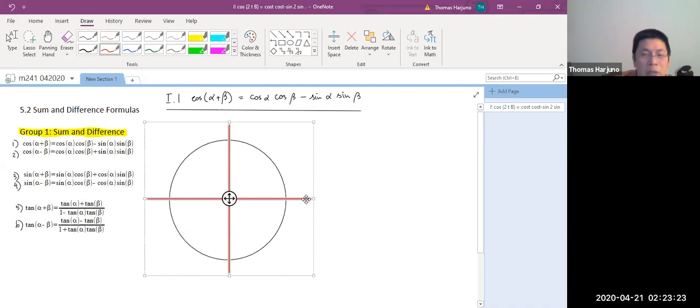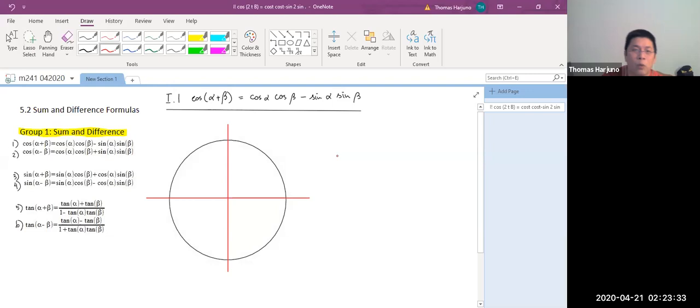Okay, now it's better. Now this is a unit circle. So this is (1, 0), this is (0, 1).